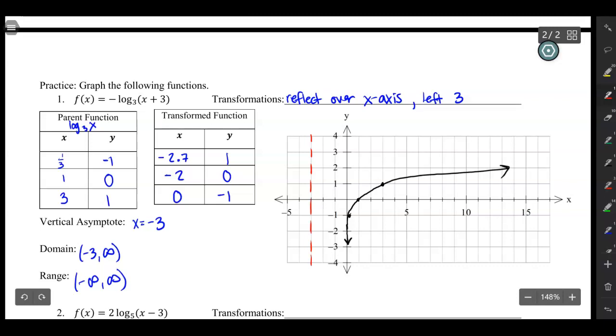So there's my vertical asymptote at x equals -3. Then I'm going to plot these points. I have (-2.7, 1), (-2, 0), and then (0, -1).